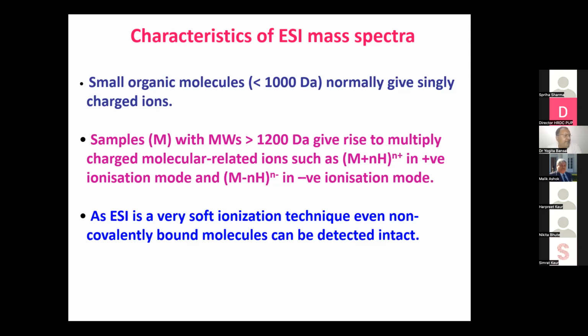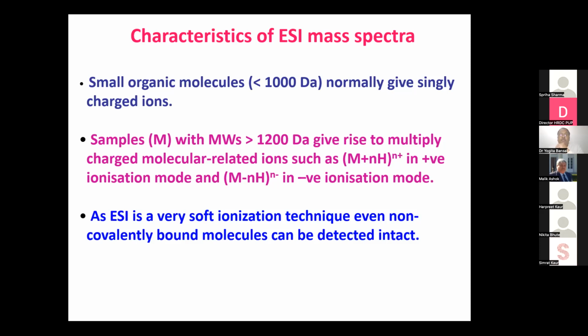Now there are several characteristics of ESI mass spectra. Out of the experiments involving LC-MS instrumentation, more than 90% of analyses are done with the LC ESI mode, only ESI, and only for very special molecules do we go for MALDI.